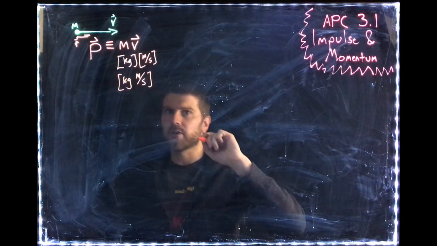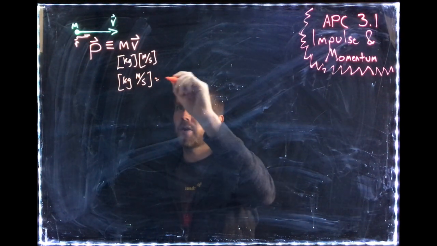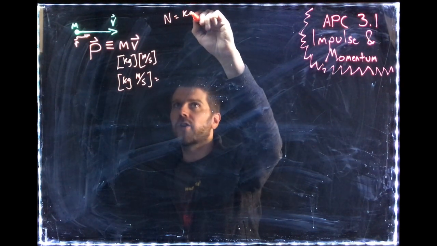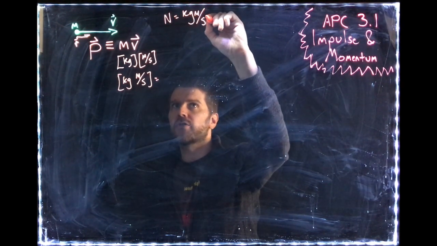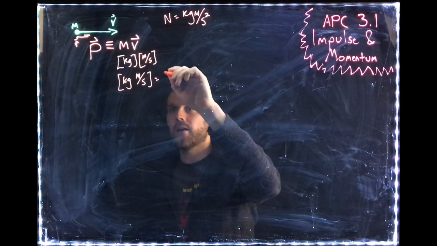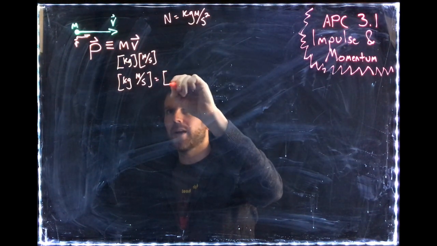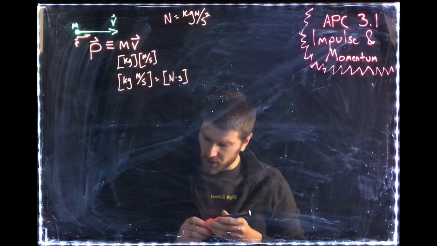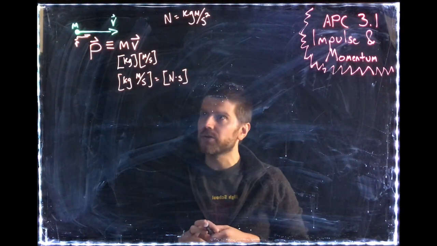Now, there's an equivalent unit here. You might remember that a Newton is a kilogram meter per second squared, F equals ma. This is also equal to a Newton times a second, or a Newton second. So these are both equivalent units that we will use.